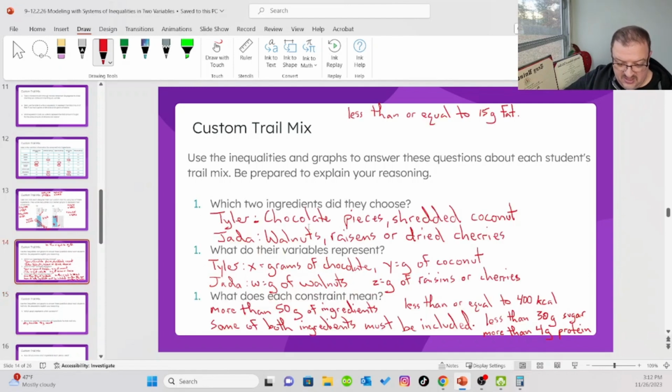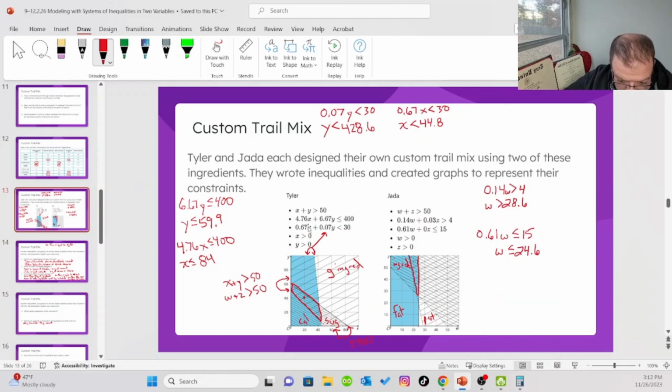Now for Jada's, we need something in this triangle area right here. So it looks like, we'll say 22 and 55.